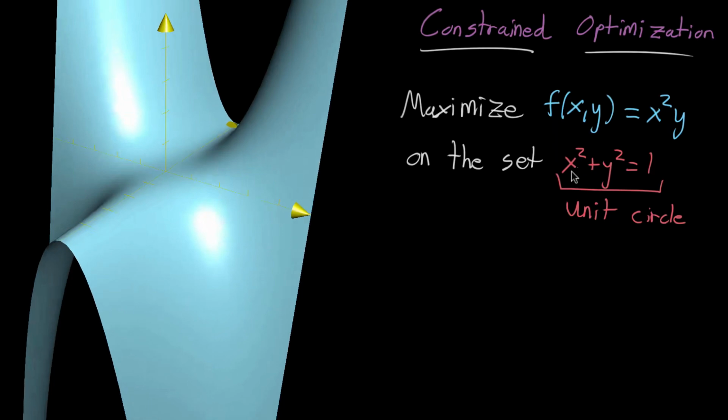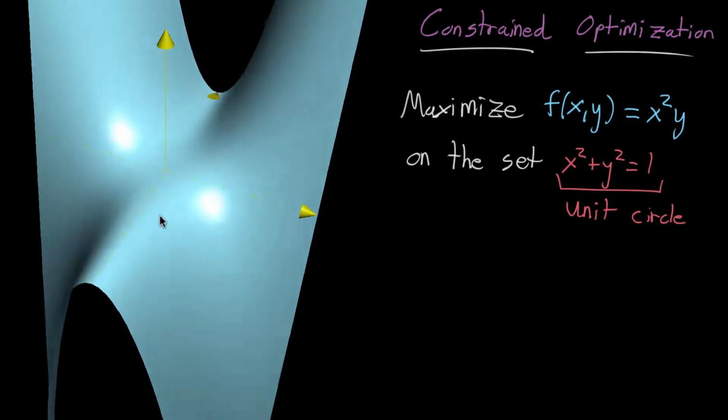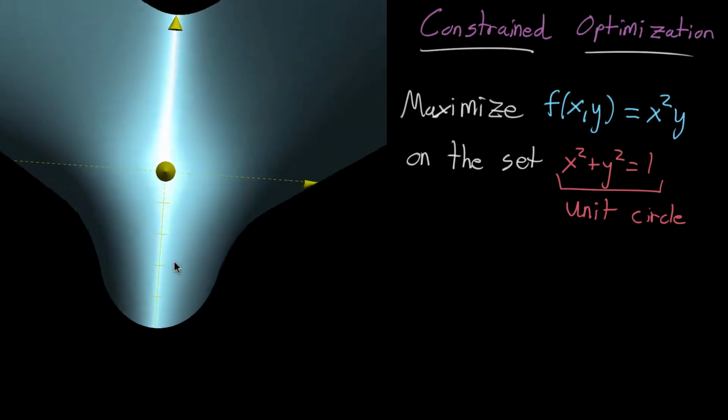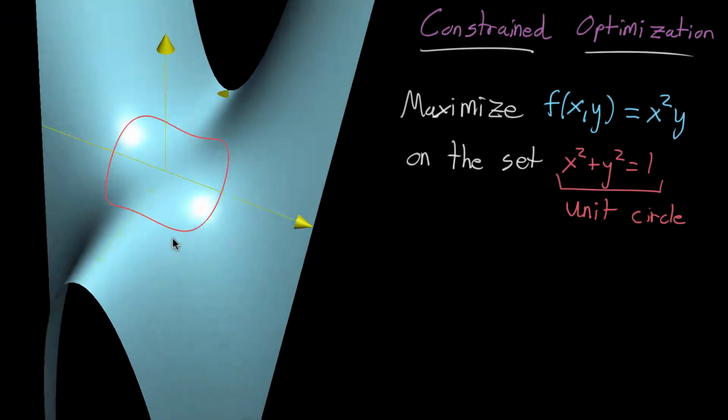Now this constraint, x² + y² = 1, is basically just a subset of the xy plane. If we look at it head-on here, this circle represents all of the points x, y such that this holds. What I've actually drawn here isn't the circle on the xy plane, but I've projected it up onto the graph.